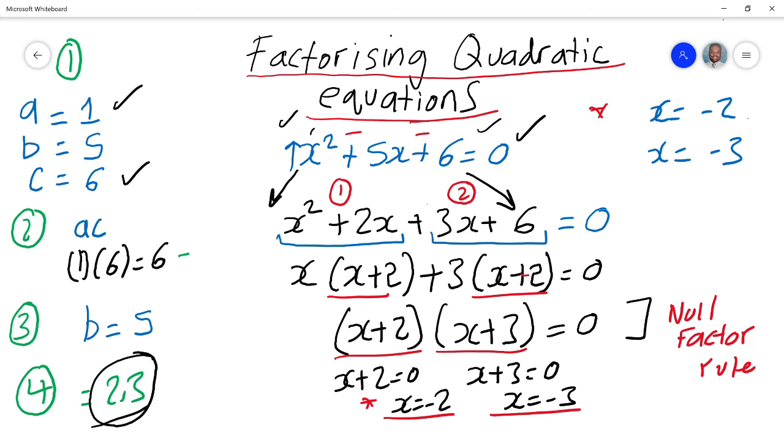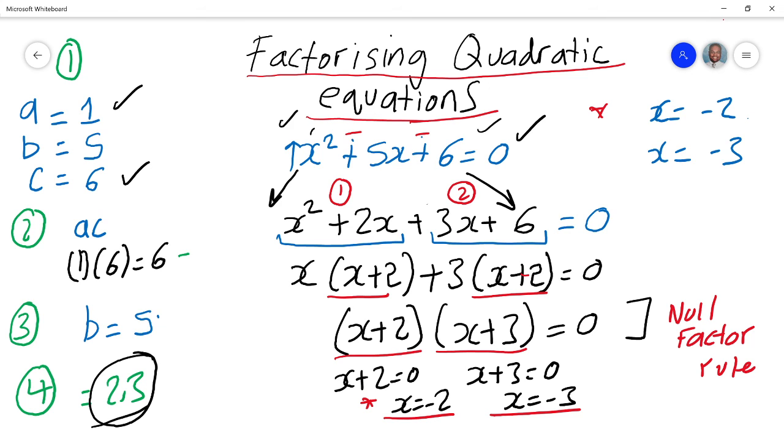All right. So just to summarize, the first thing you need to do is identify the values of a, b, and c from the expression. Find the product of a and c, which is 1 times 6. Then find the factors of 6 such that when you add or subtract them they give you b, which is 5. You pick the one which is apt, because 2 and 3 give you 5, and their plus signs are here and there.